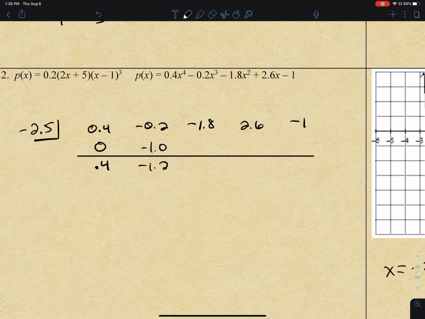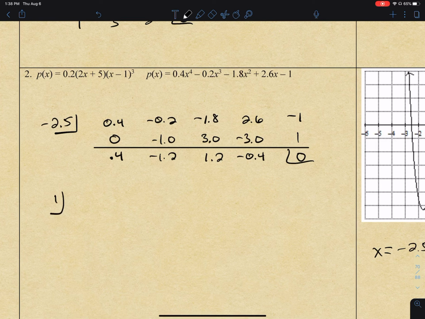Negative 2.5 times negative 1.2 is 3. If we add this, we get 1.2. 1.2 times negative 2.5 is negative 3. We add this, we get negative 0.4. If we multiply this, we get 1, remainder 0.